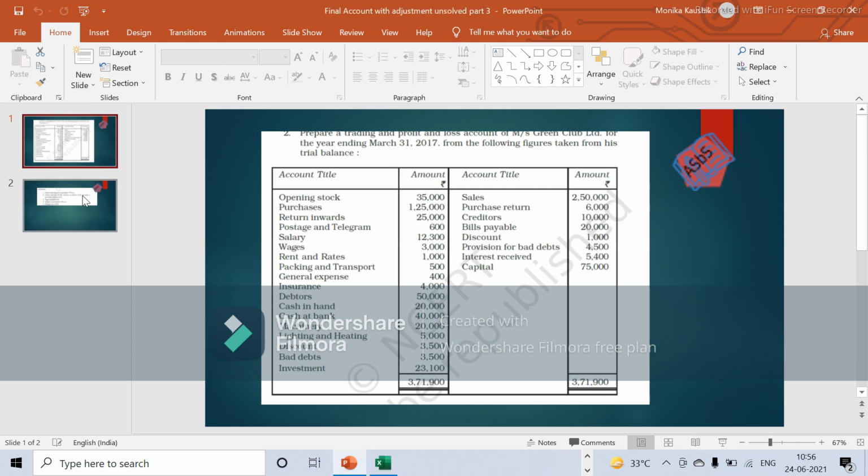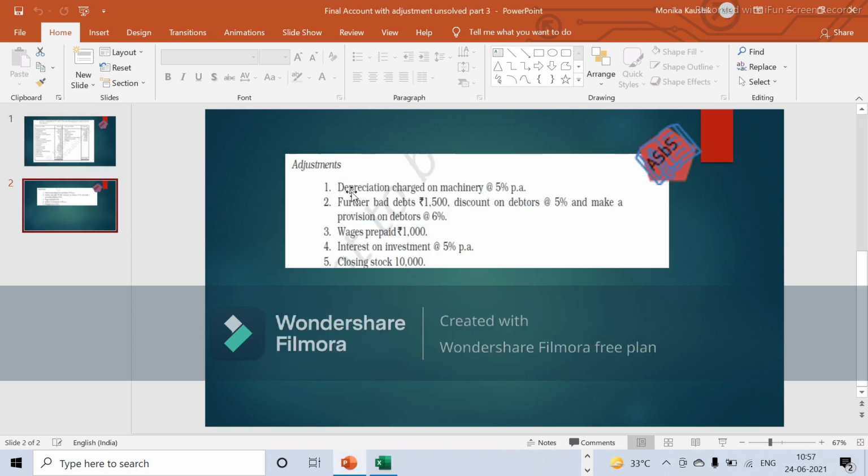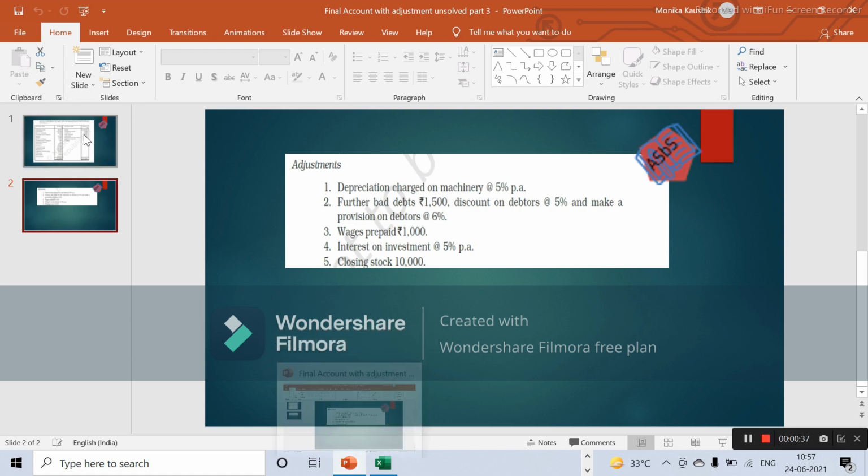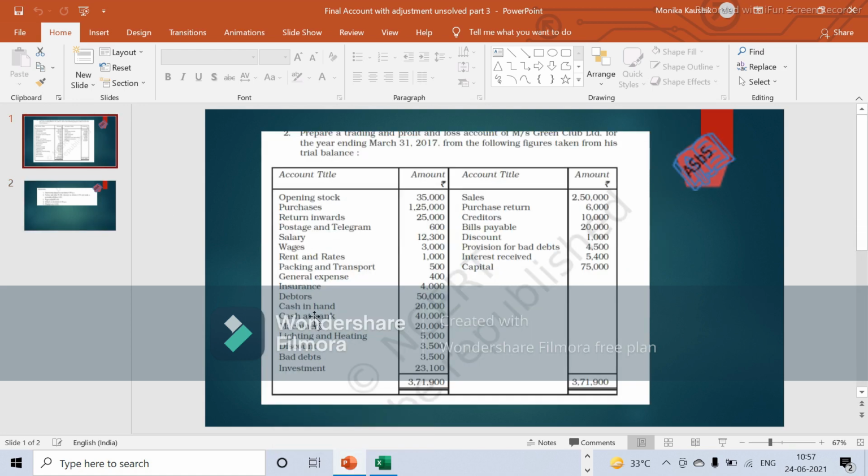Okay, so let's prepare. Let's catch up the things which are here in the adjustment. First, depreciation charged on machinery. First of all, I am writing down the machinery amount. Machinery less 5% depreciation. Machinery was 20,000 rupees, out of which 5% was the depreciation.